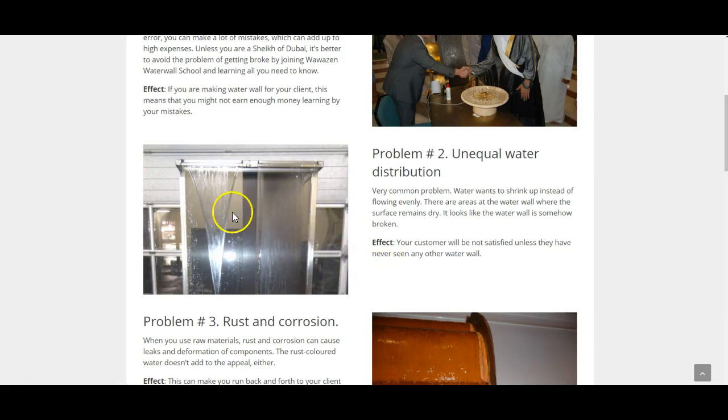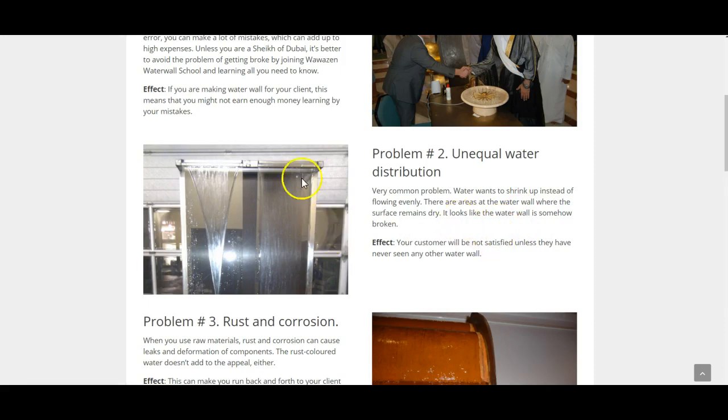There are a couple of reasons for that. So first, it starts with the water distribution at the top, which is responsible for this effect. Then also the surface is responsible for this effect. So this is actually the most common question I've been asked, or the most popular problem.